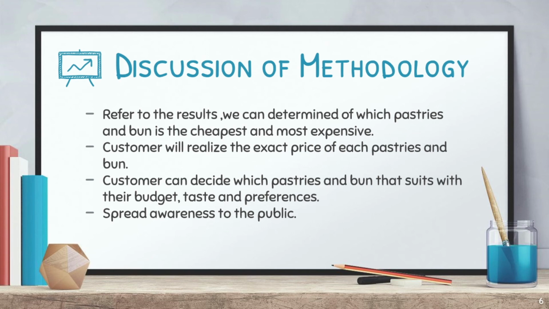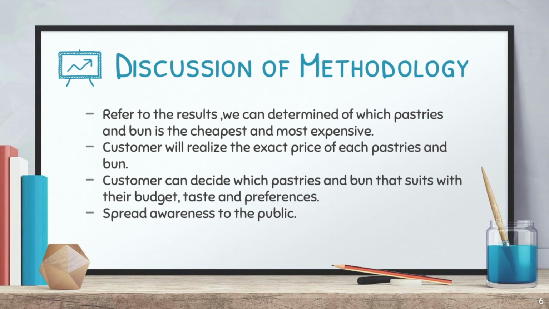If it does not match, the customer can definitely ask for an adjustment or make a refund request to avoid being deceived. So, those with a tight budget can plan or decide which pastry and bun suit their budget, taste and preferences.